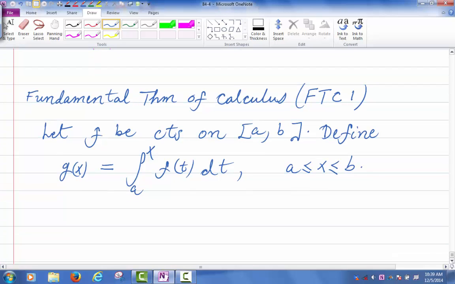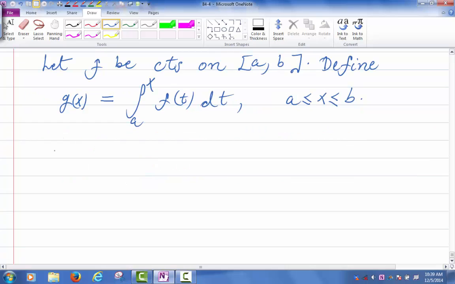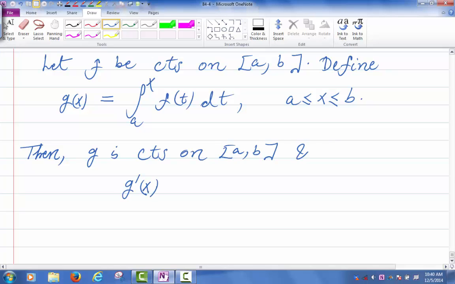And the conclusion of this theorem is the following. Then we know that the function g is continuous on the interval from a to b, and we also know that the derivative of the function g is exactly f of x for x between a and b.